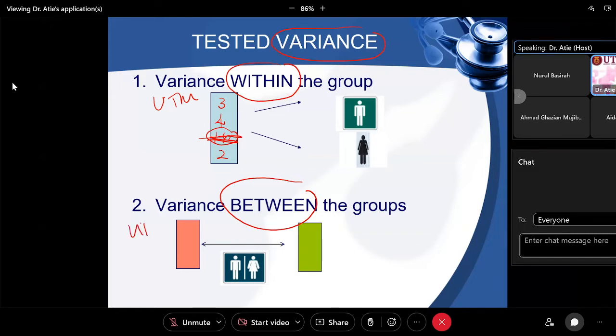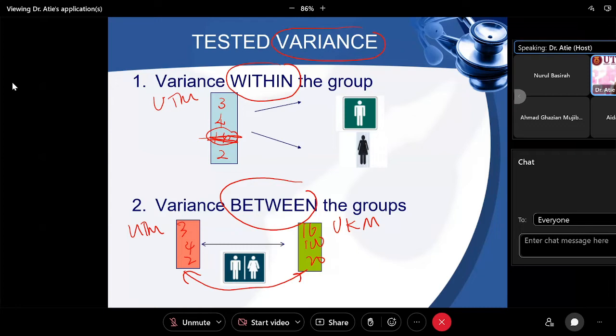Now I have UTM and UKM, for example, okay, University Technology Malaysia and University Kebangsaan Malaysia. When you want to compare, we already have 3, 4, 2 here for UTM. So we cannot compare with, let's say, 16, 100, and then 20 from UKM, because they are not equal, they are two different groups. One is good, one is not good, right?